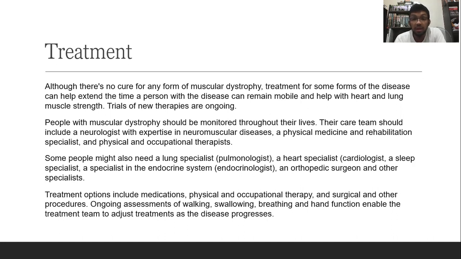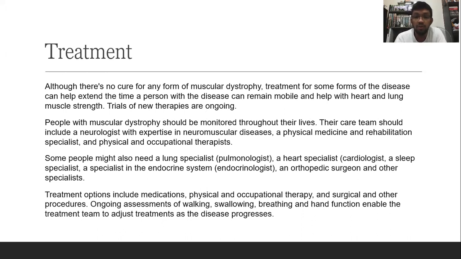Some people may need a pulmonologist if there are any lung complications, a cardiologist for heart complications, and an endocrinologist if there is anything involving the endocrine system of the patient, which is really rare. An orthopedic surgeon can also be consulted with regards to their bones, since the skeletal muscles are attached to the bones.